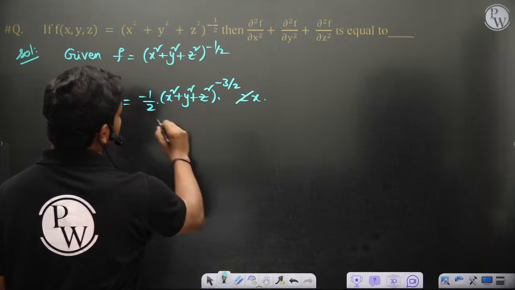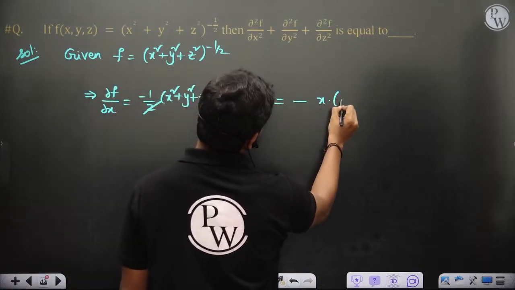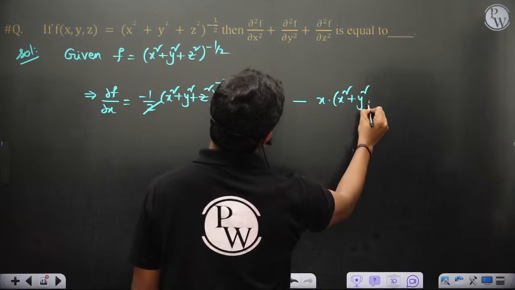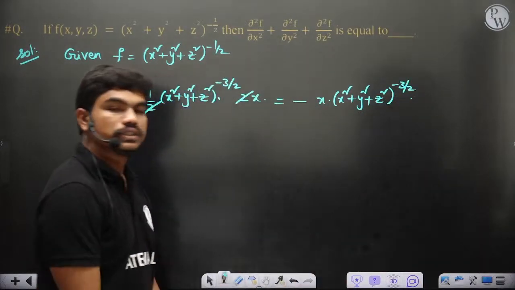So this gets cancelled. So you have minus x into x square plus y square plus z square whole power minus 3 by 2. That's the value.